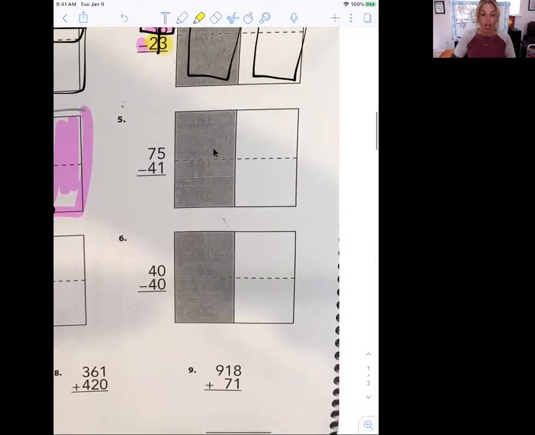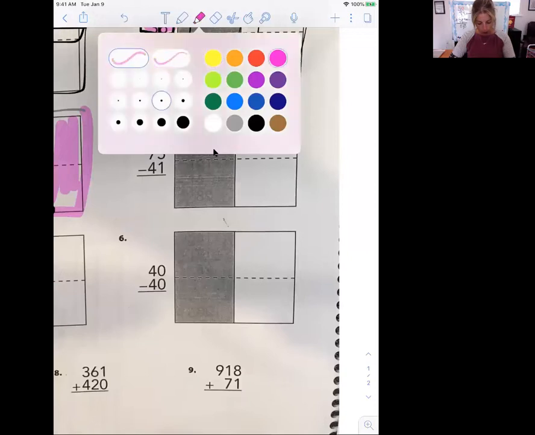We are moving on to number 5. Remember, you should be pausing your video if you're not ready. You can always press rewind to go back, but if you are not ready, pause your video. Okay, again, we have our top number and bottom number, but with subtraction, we are only drawing which number?